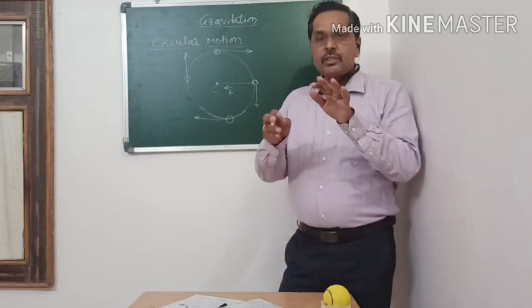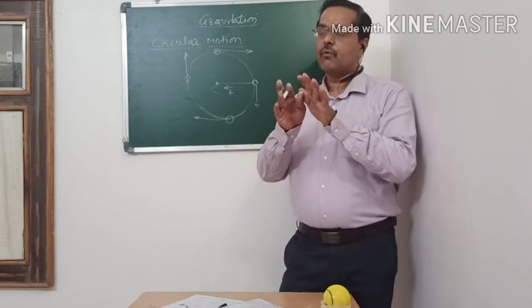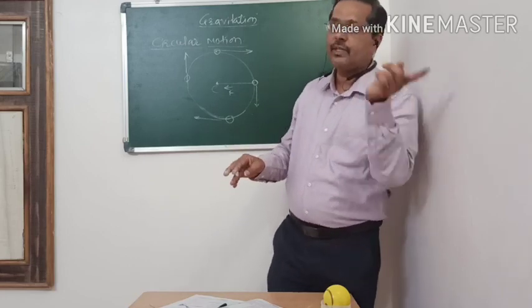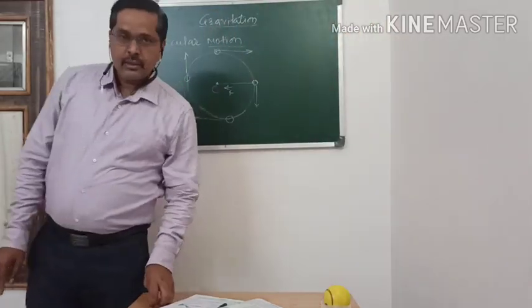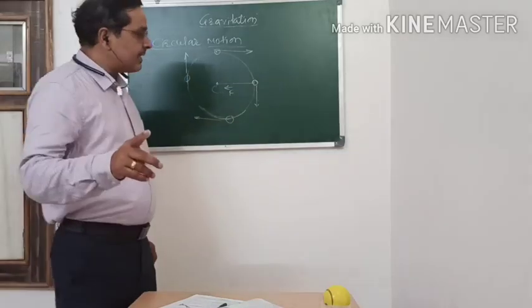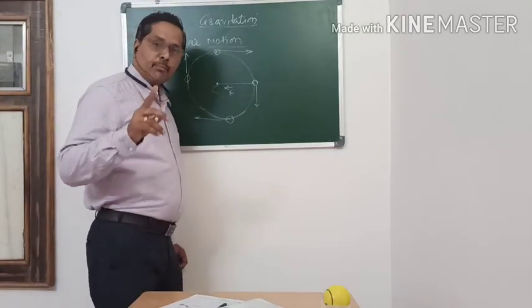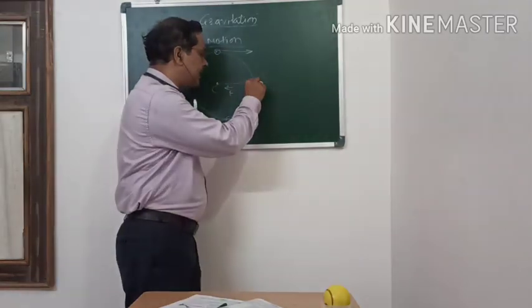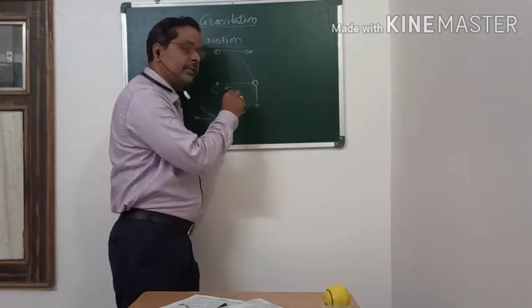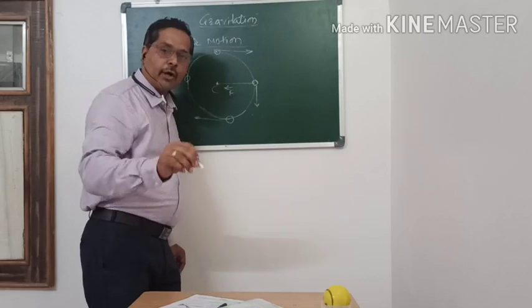If suddenly the force disappears, in which direction does the moon go? The definite answer is that the moon goes in a direction tangential to that circle at that point.